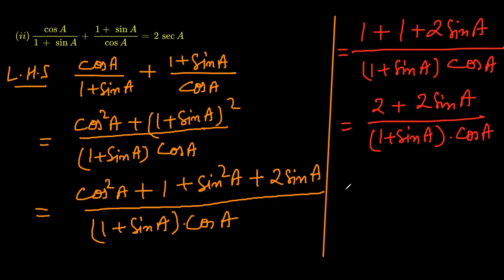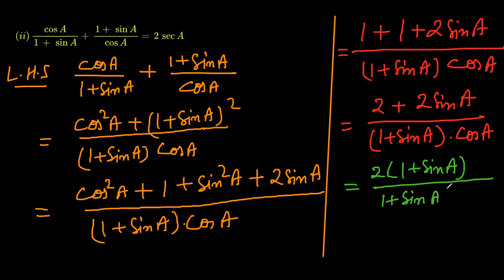We can easily see if we take 2 common in the numerator, we get 2 common, 1 plus sine A, divided by 1 plus sine A, and this is to be multiplied with cos A. Well, we can easily see 1 plus sine A, 1 plus sine A can be cancelled.